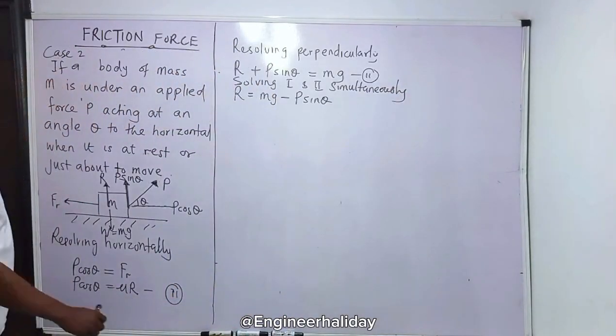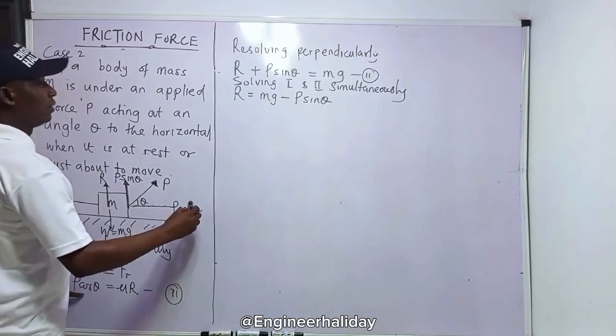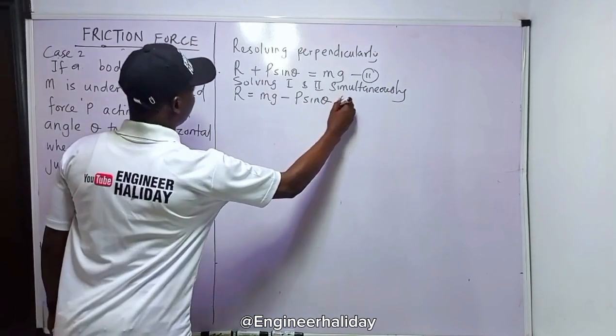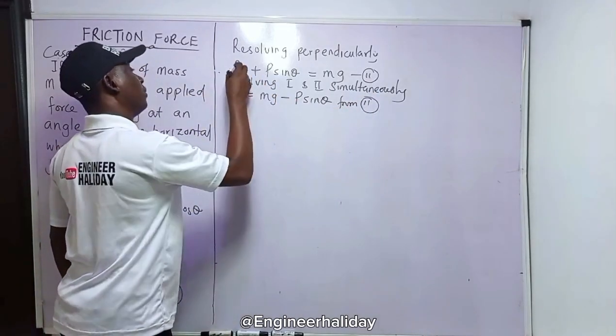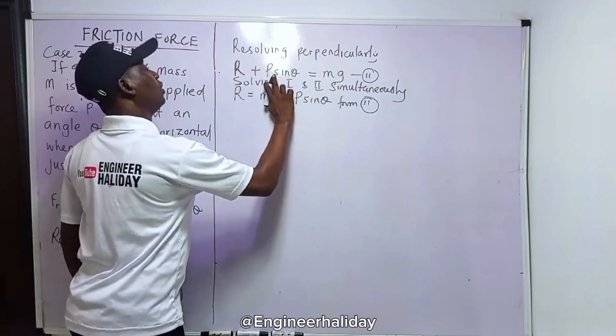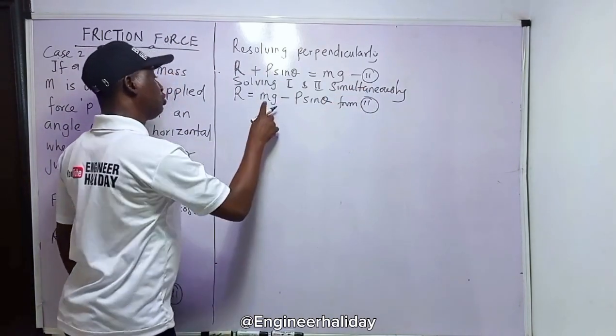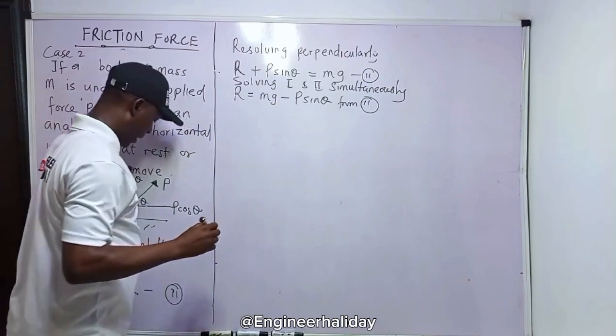From equation 2, if you make R the subject of the formula, R will now give us Mg minus P sin theta.